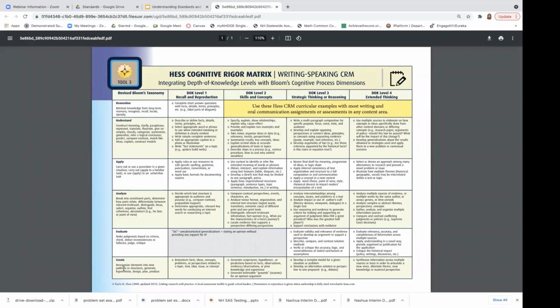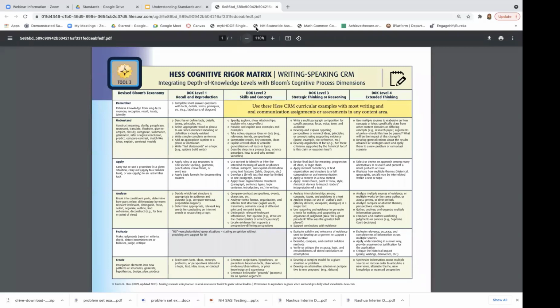So it's a really great link to a lot of different matrices that have been created that have to do with the depth of knowledge and level of thinking that students need to be able to be working with. Specifically, this one is writing and speaking.